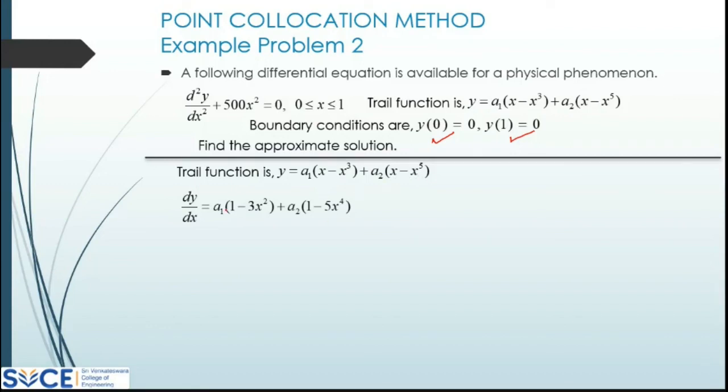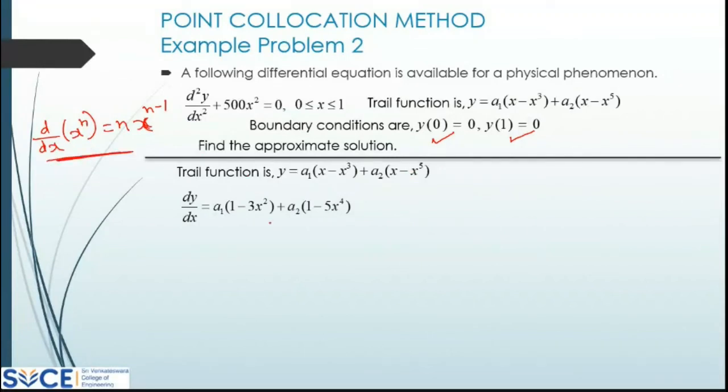Hope for the letter entry students: d by dx of x power n is equal to n into x power n minus 1. Use the formula. I think some of you letter entry students will have a problem with that, so that's why I'm writing it here. So x power 5 gives 5x power 4.